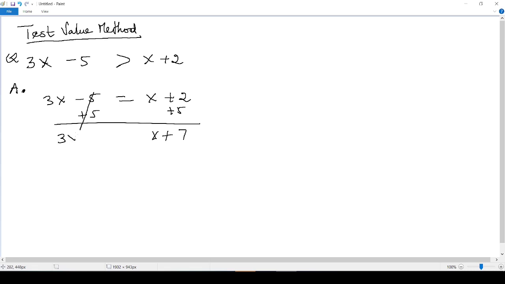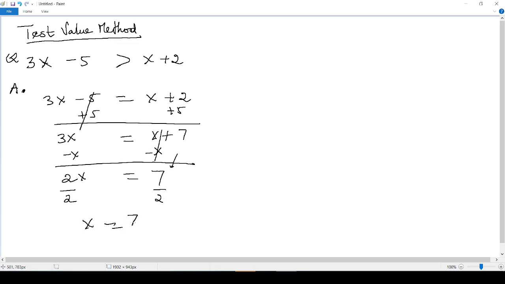This is 3x. So now minus x, minus x. This is 2x equals 7. These two cancel, so I have my 7 there. And now I divide by 2. I divide by 2. I have x equal to 7 over 2. Or I can write it as 3.5, 7 over 2 is 3.5, right?